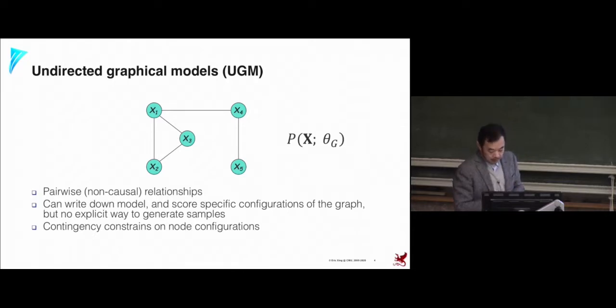An undirected graphical model is a probabilistic distribution over this set of random variables whose parameters are actually defined by G, the graph. And you will see why I say it that way. What does it mean by defined by G?